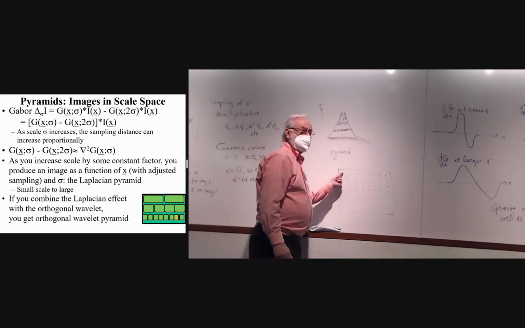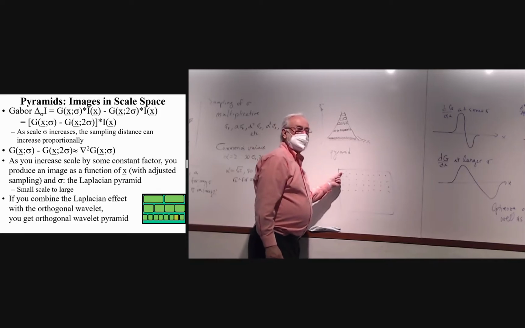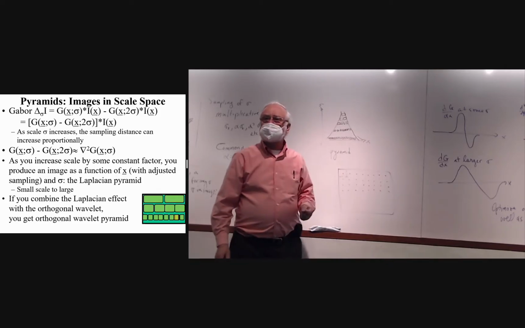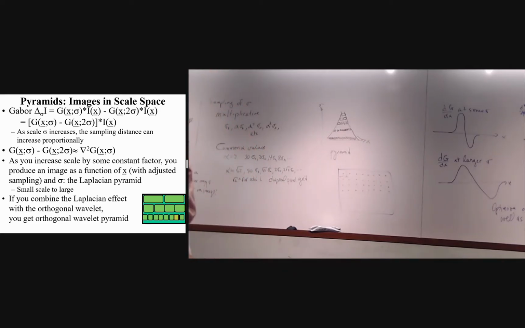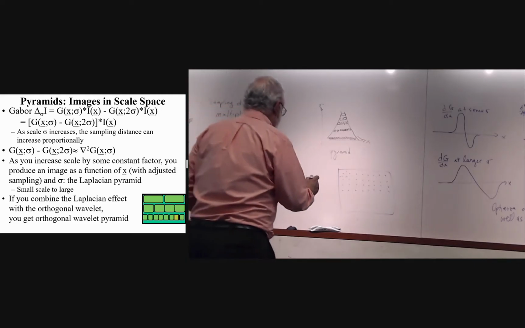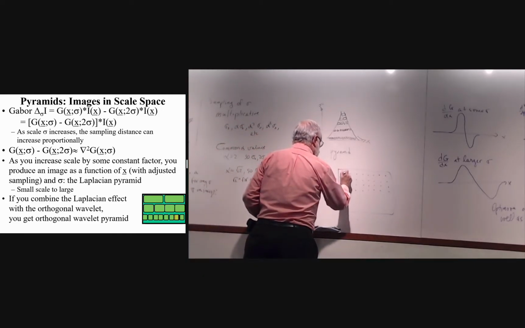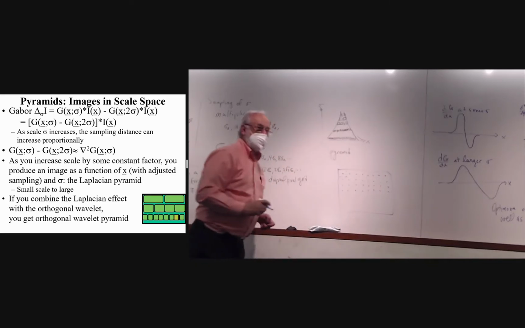If we want to have a value here, what aperture should we use? A rect function? Ideally, no. What should we use instead? A Gaussian. Well, if we want to use a Gaussian, why not let every position essentially have its own Gaussian?